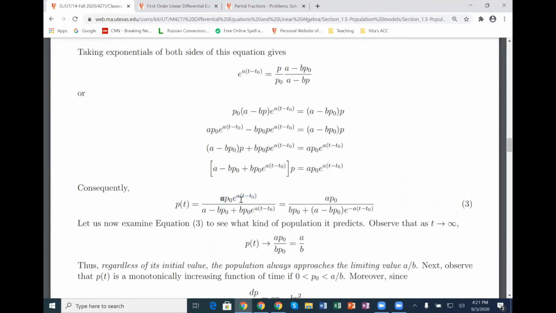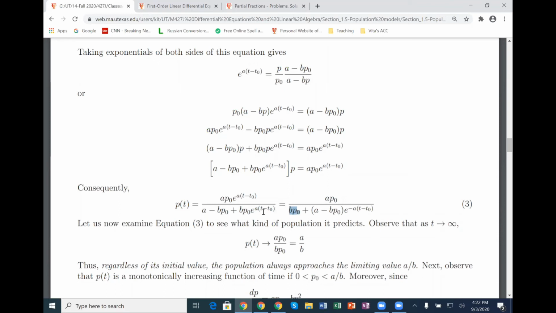If we divide the top by the E term, this term disappears from the top. What is left is AP0. It's exactly what is written here. If we divide the bottom by the E term, the E term disappears from here completely. What is left is this. It's over here.